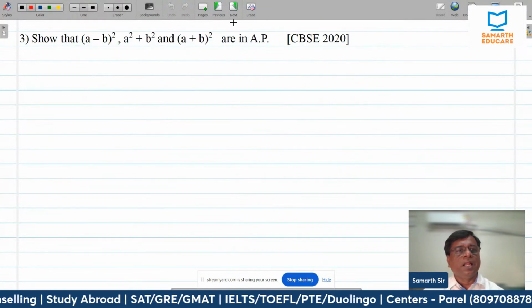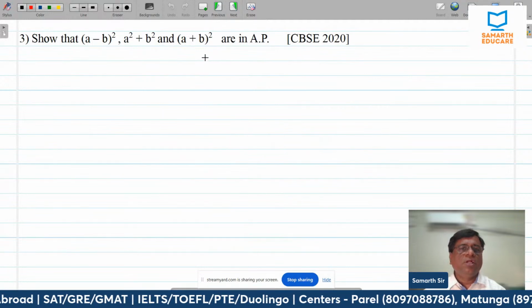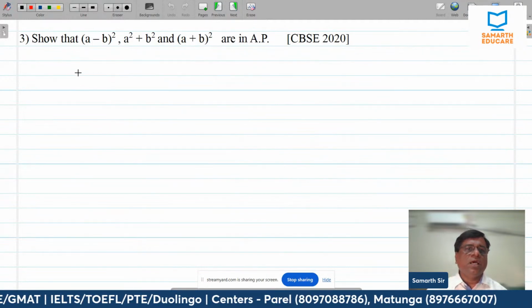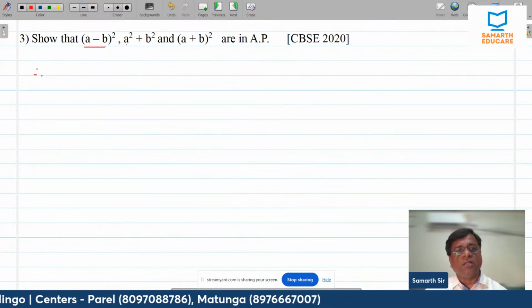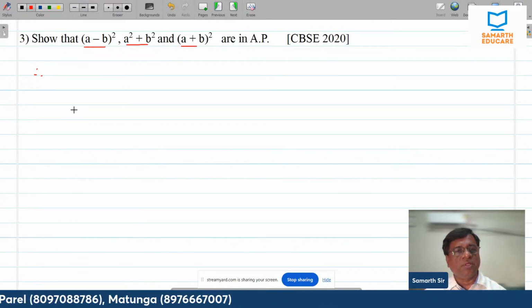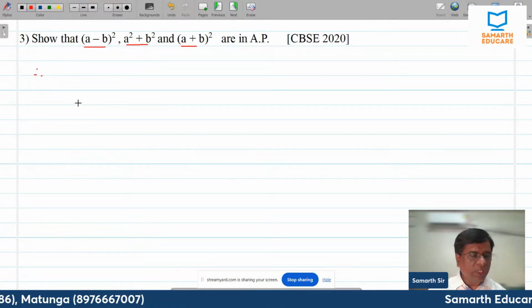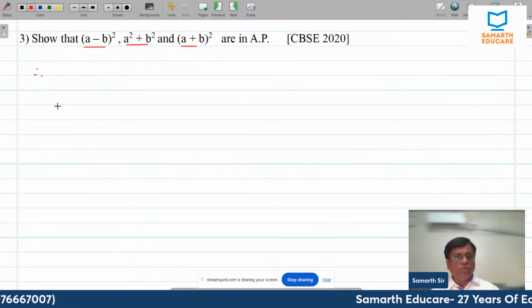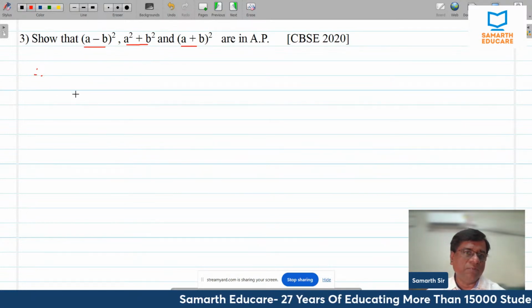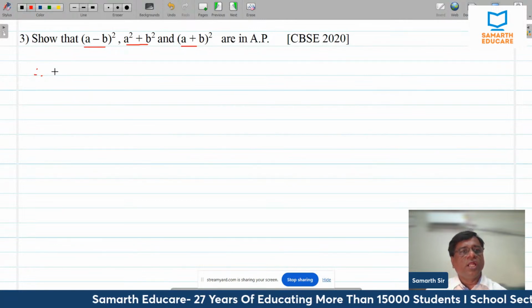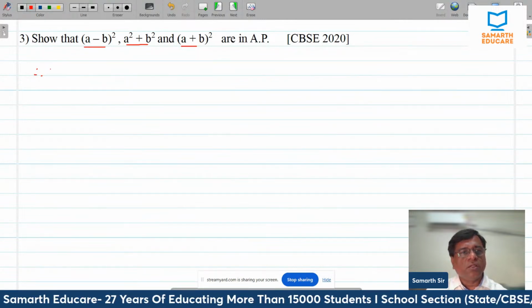All right. Now the third one is a little bit complicated. Now we have to show that these three are in AP. To prove that these three are in AP, we have to prove that their difference is a constant, meaning both differences will come out the same. So let me prove that.